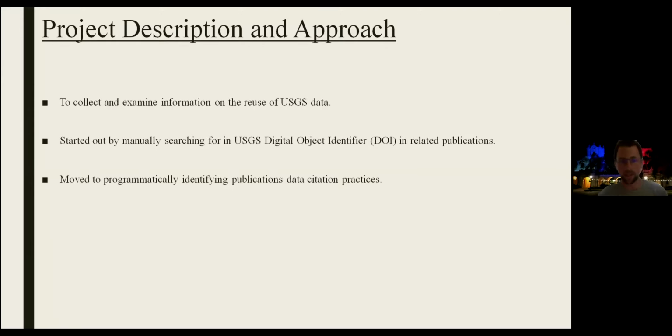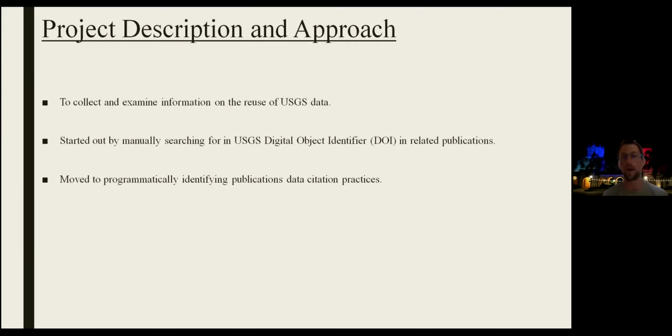I would plug in the related publication URL, the journal would pop up, and I would search for the DOI prefix, 10.5066 for USGS. Then I would annotate who the publisher was, the publication year, whether the data was cited, and where it was cited. This proved to be a time-consuming process.